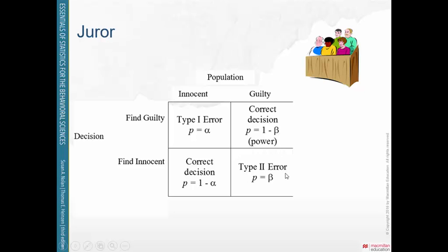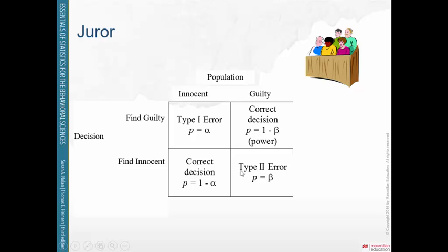There's a lot more misses, because there may just not be enough evidence. Even if the person is guilty, there's just not enough evidence that they can present in court to reach that criteria of beyond a reasonable doubt. And so the jury must find the person innocent even if they're guilty. Type 2 error. A miss.